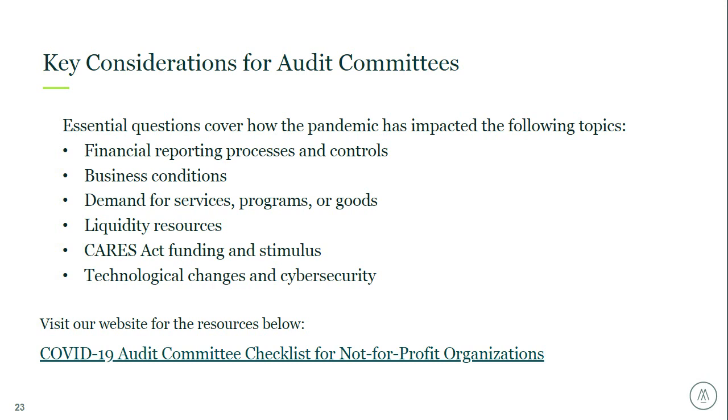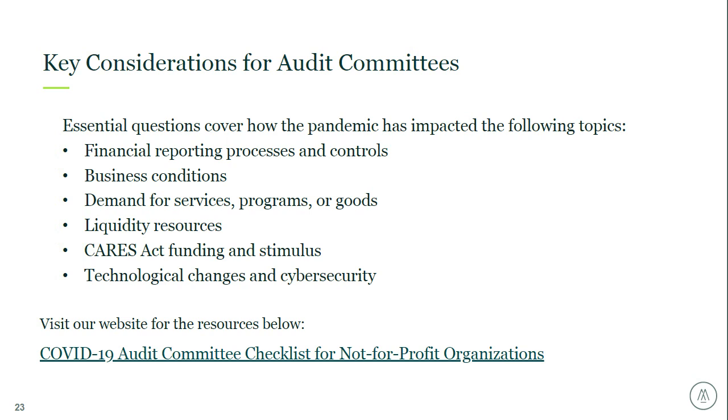Demand for services. Are contracts and revenue streams impacted, and has management communicated the impact on long-term projections? Liquidity. Has management assessed impact on financing arrangements, including debt covenants, and have the related accounting and disclosure requirements been considered?